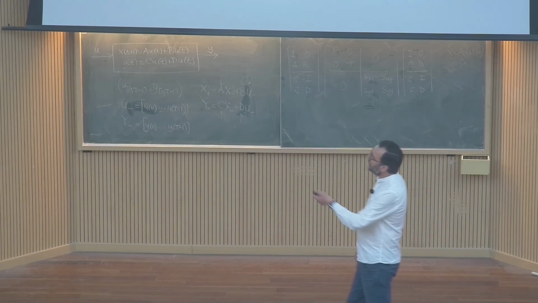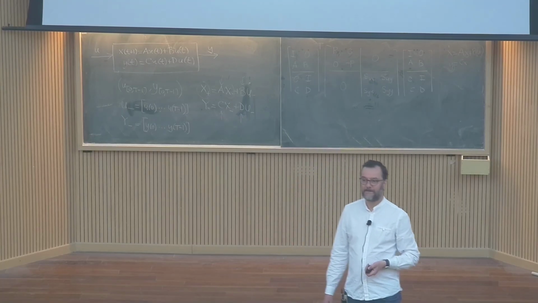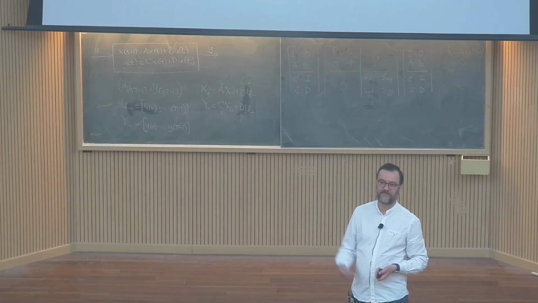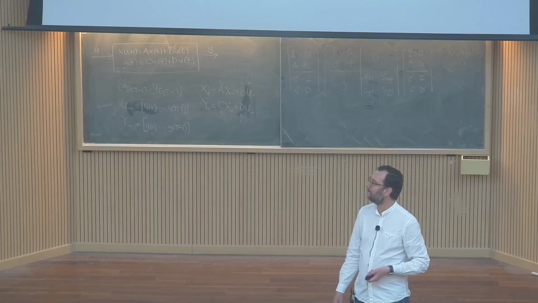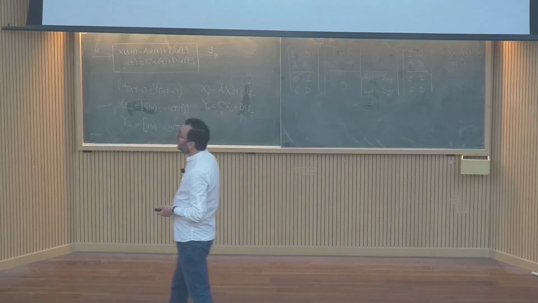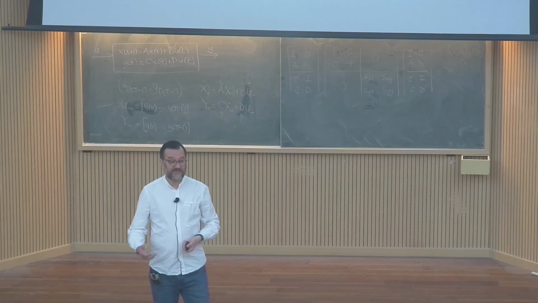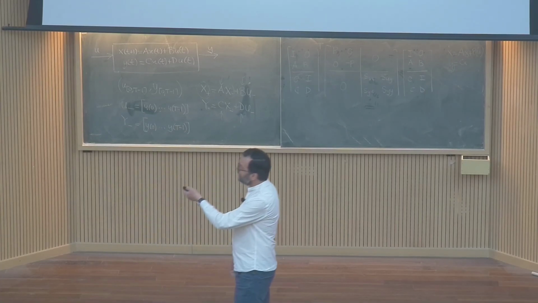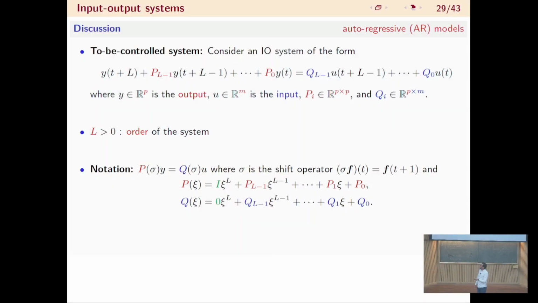This L is the order of the system, I call it. It is related to the memory of the system. And instead of carrying these P and Q matrices with me all the time, and writing this expression again and again, I'm going to use this shorthand notation.